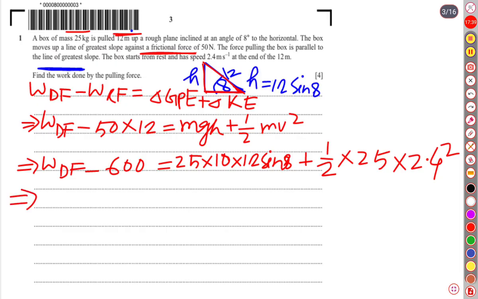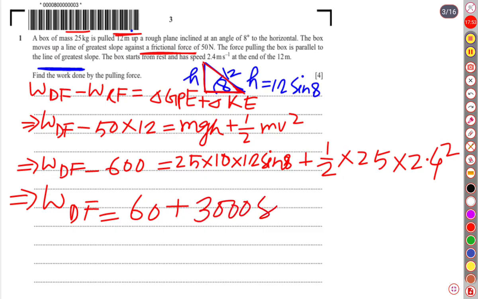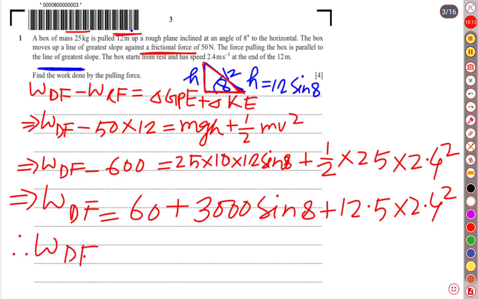Then let us do the calculation. Work done by driving force is equal to 600 plus 250 into 12, that is 3000 sine 8, plus 12.5 into 2.4 squared.